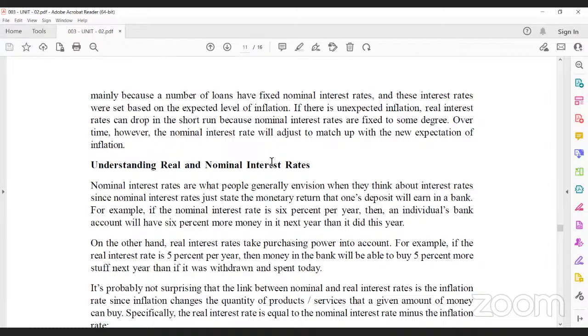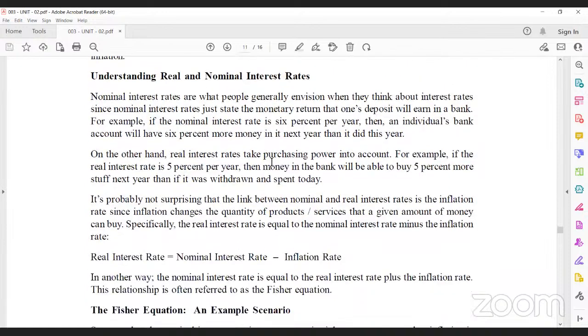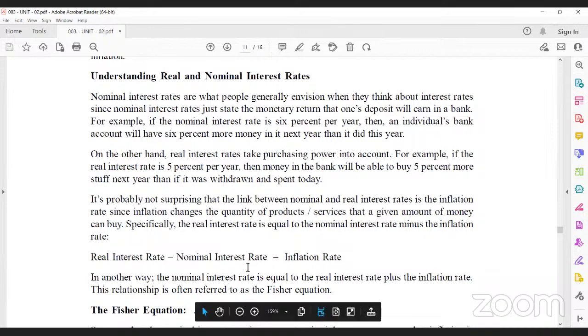If suppose unexpected inflation has come, real interest rates can drop in the short run because nominal interest rates are fixed. However, nominal interest rates will adjust to match the new expectations of inflation. Hence, to understand the real interest rate better, a formula is given wherein we subtract the inflation rate from the nominal interest rate.